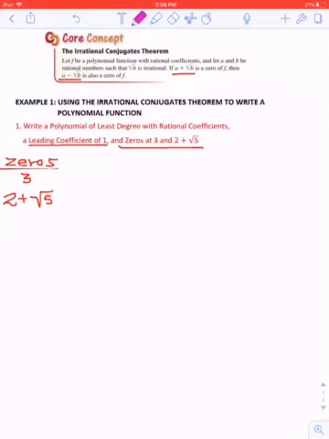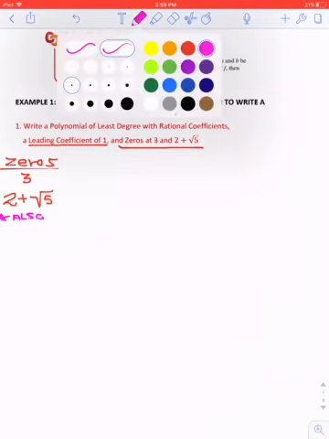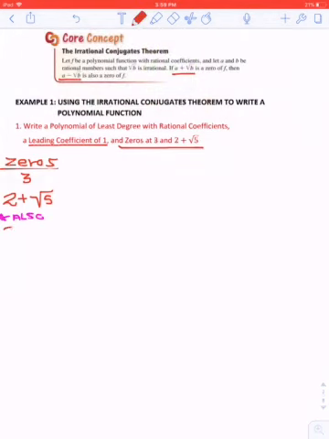If I have that 0, I must also have another 0 at 2 minus root 5, due to the irrational conjugates theorem, due to the process and information found in the quadratic formula, right? That plus or minus piece in there.